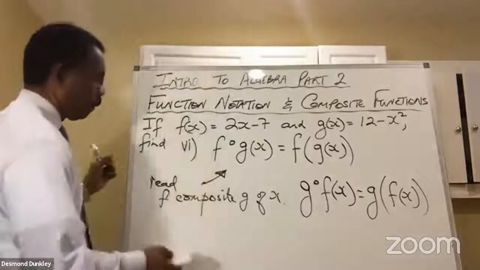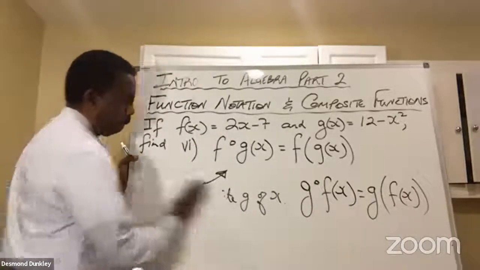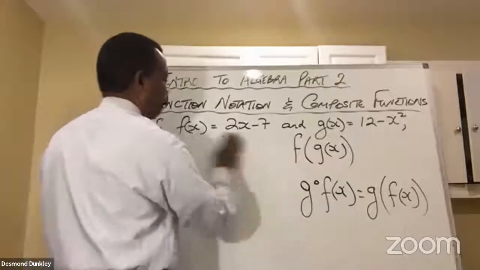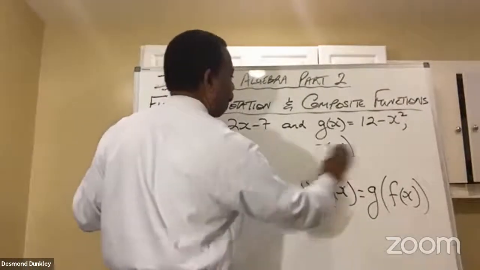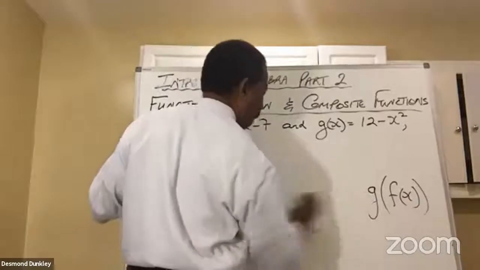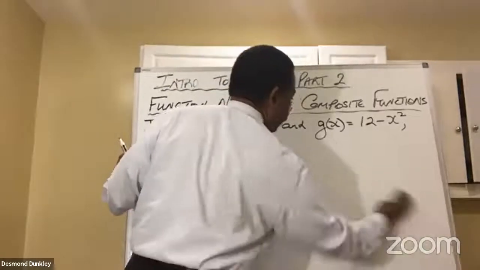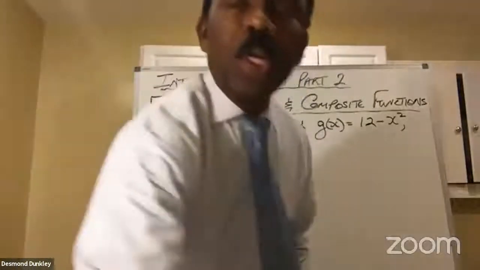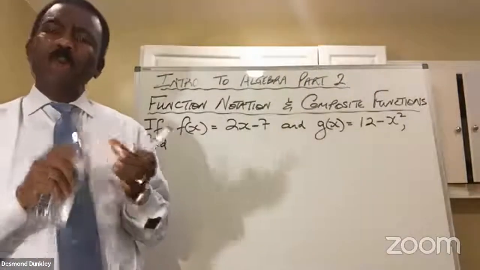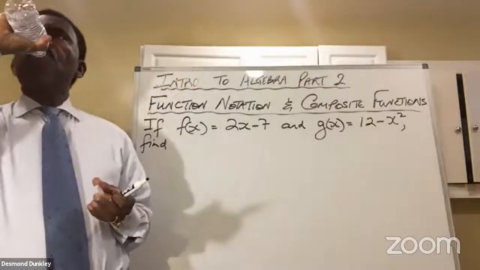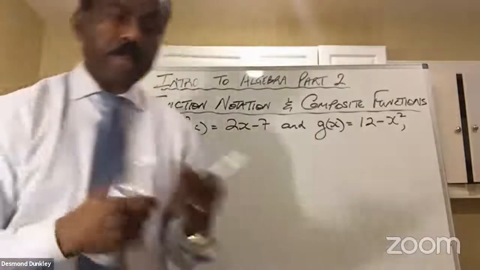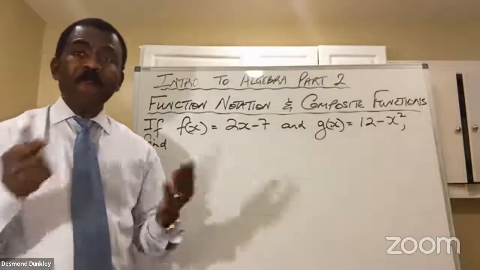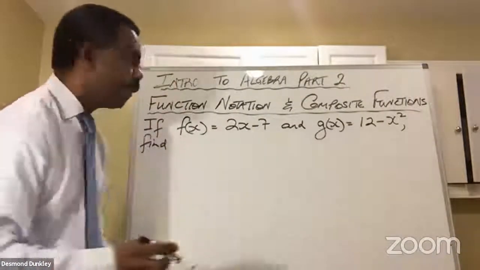I'll show you using number 7. Once I give you numbers, it's very easy to work with. But if I start to give you letters, some people get nervous and get confused very fast.